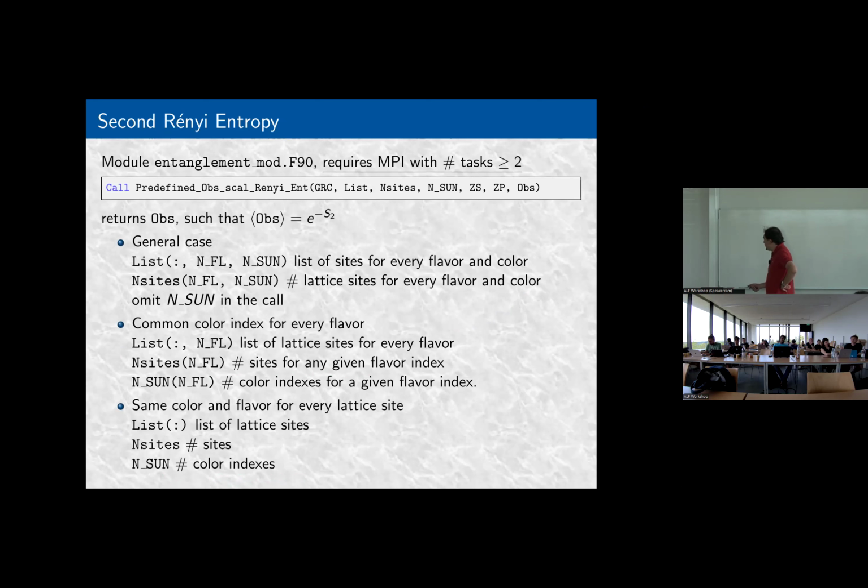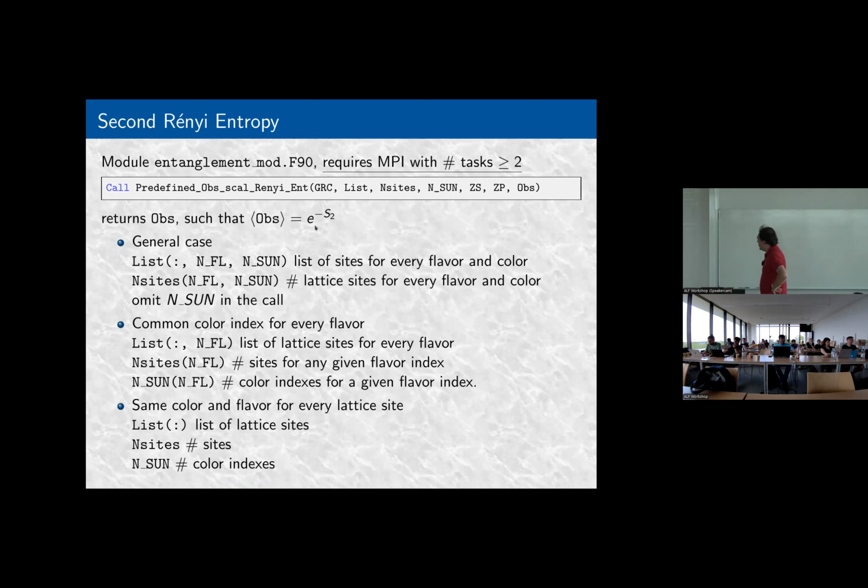Specifically, there is a module called entanglement mod. And it should be noticed that this works only when MPI is enabled and you have at least 2 tasks. This module comes with a predefined observable that computes some observable obs such that its expectation value is the exponential of the second Rényi entropy.